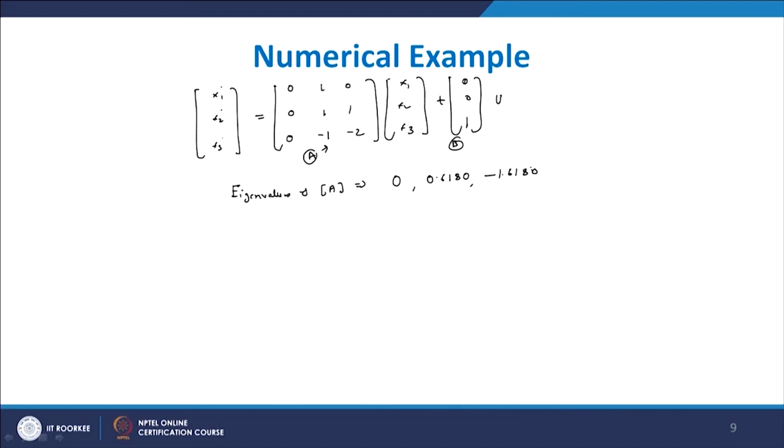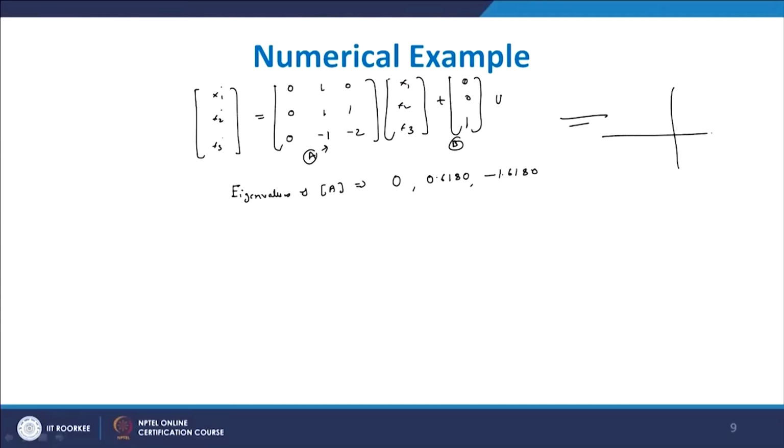We know that eigenvalues govern the performance of the system. As this system matrix A has one eigenvalue at the origin, one on the right hand side, and another on the left hand side, this is the condition. This is the origin, that is here, the second is here, and the third is here.